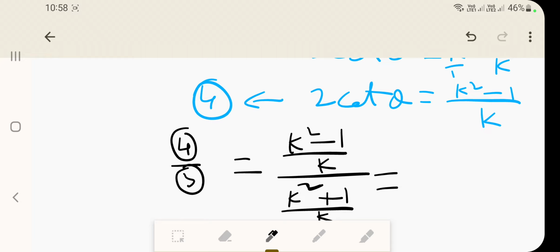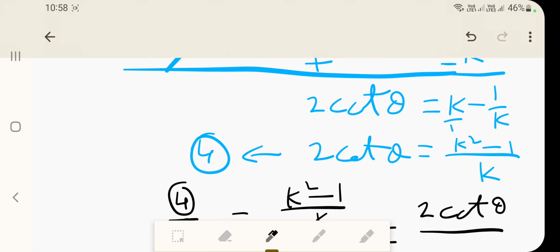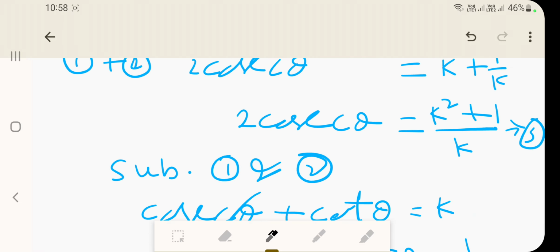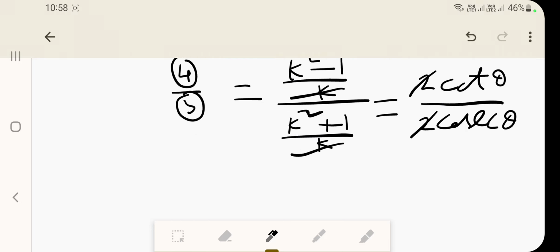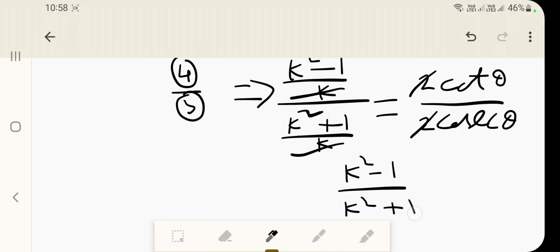Okay, k square minus 1 by k is nothing but 2 cot theta, divided by k square plus 1 by k, which is nothing but, from equation 3, 2 cosecant theta. So this 2 will get cancelled, this k will get cancelled, and we get k square minus 1 by k square plus 1.